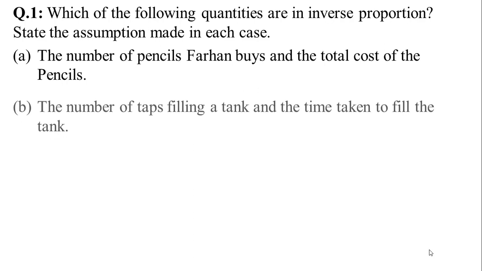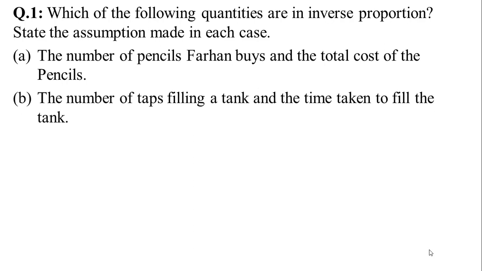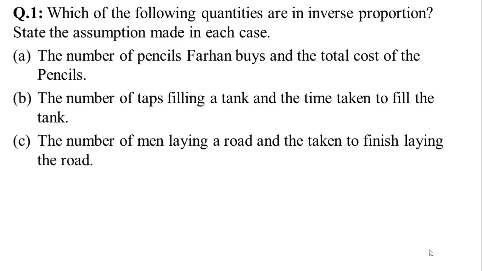In the second statement, the number of taps filling a tank and the time taken to fill the tank. In the third statement, the number of men laying a road and the time taken to finish laying the road.